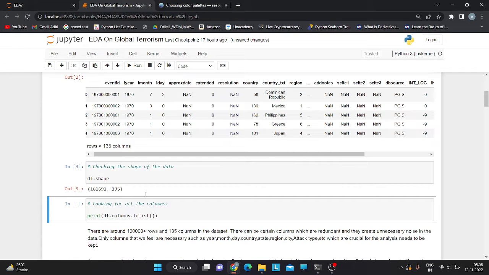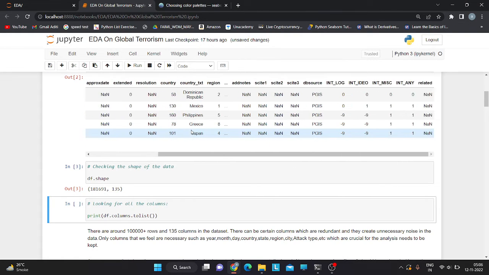Now it is practically not possible for us to see all the columns in the data set, and it is not shown here either. So to at least see what all columns are there in the data, we use tolist, which is given here: df.columns.tolist, in order to see the list of all the columns that are there in the data.